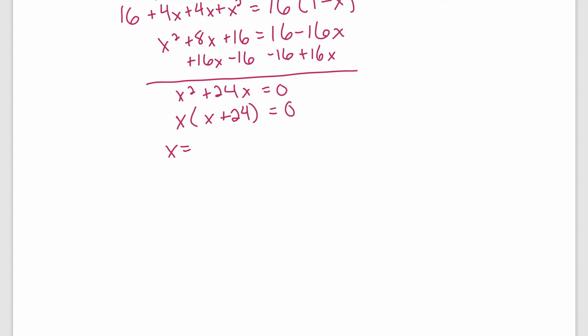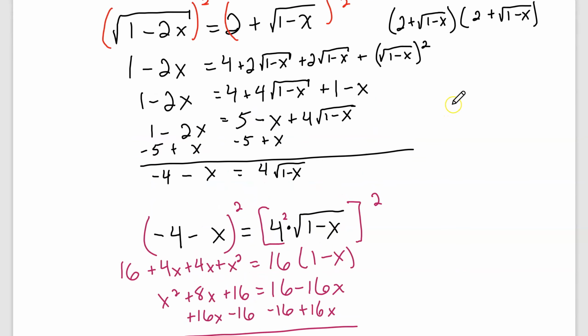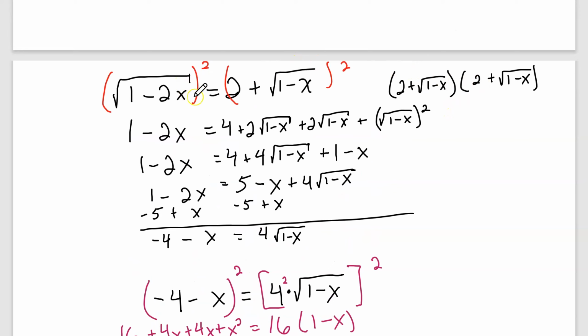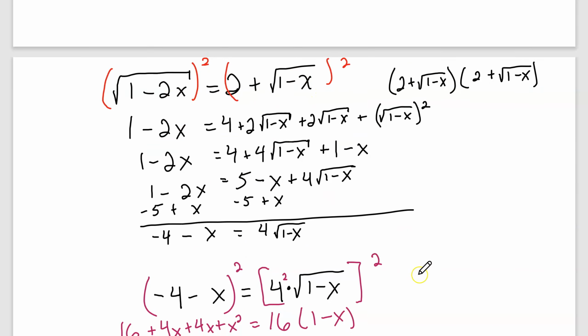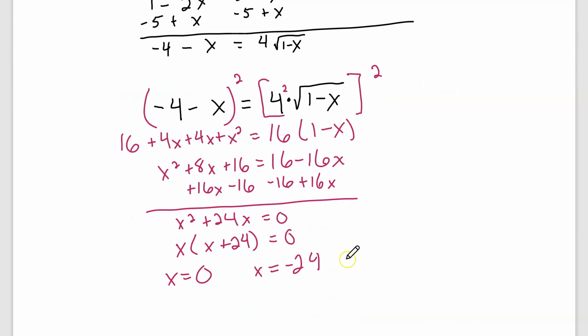So I get x is equal to 0 and x is equal to negative 24. And when you check both of those in the original equation, only one of these will work. And that one that works will be the negative 24.